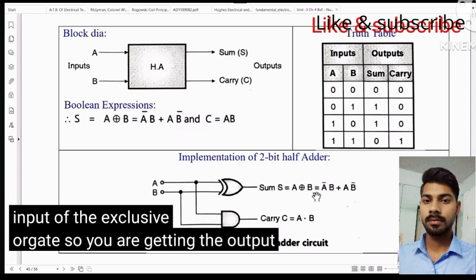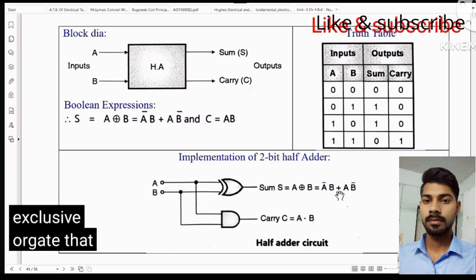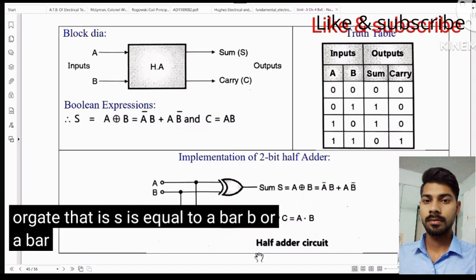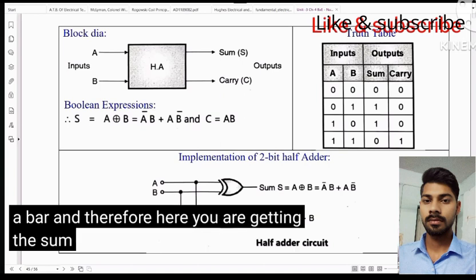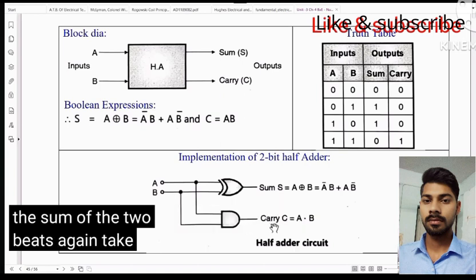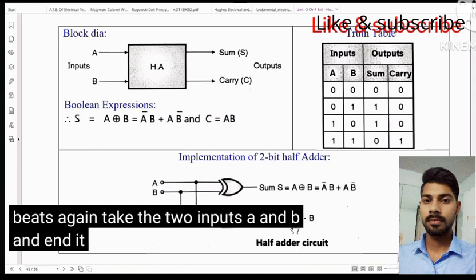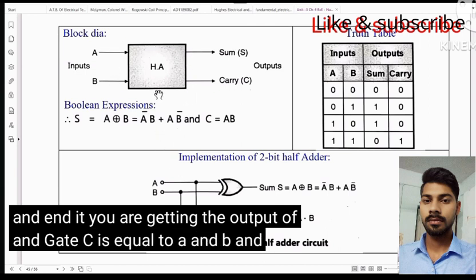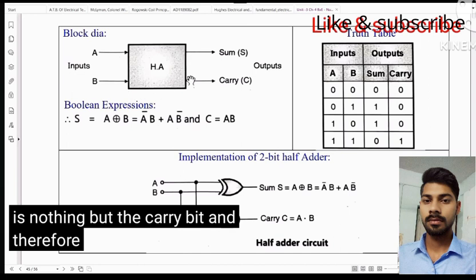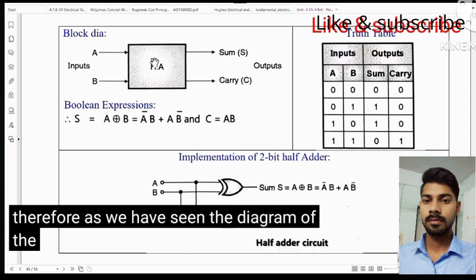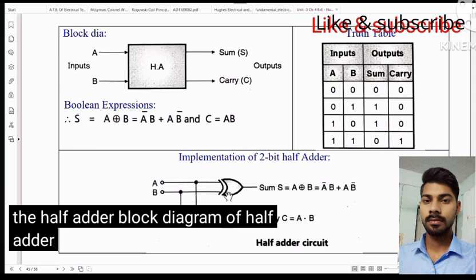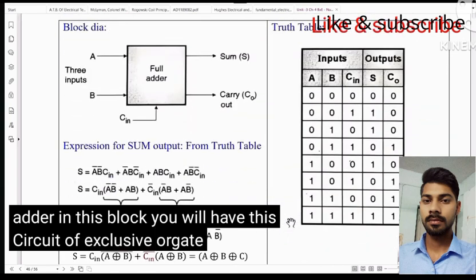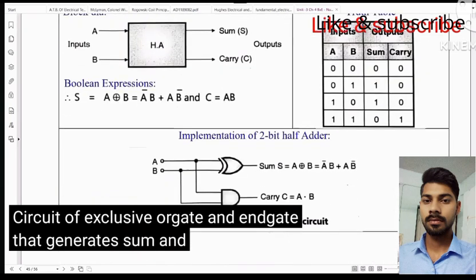So you are getting the output of the exclusive OR gate, that is S is equal to A bar B or A B bar, and therefore here you are getting the sum of the two bits. Again take the two inputs A and B and AND them. You are getting the output of the AND gate, C is equal to A and B, and that is nothing but the carry bit. And therefore, as we have seen in the block diagram of the half adder, in this block you will have this circuit of exclusive OR gate and AND gate that generates sum and carry output.